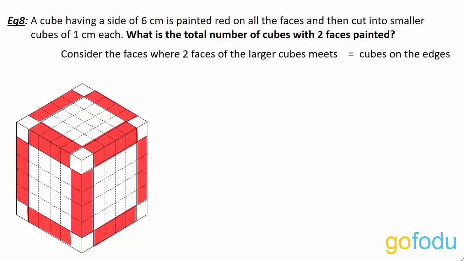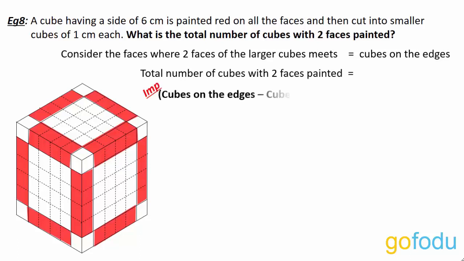But we have not considered the cubes that are present at the corners because they have 3 faces painted. So the total number of cubes with only 2 faces painted will be cubes on the edges minus cubes on the corner, multiplied by the total number of edges. So the total number of cubes on the edges for this case is 6. Out of that, 2 at the corners are subtracted.